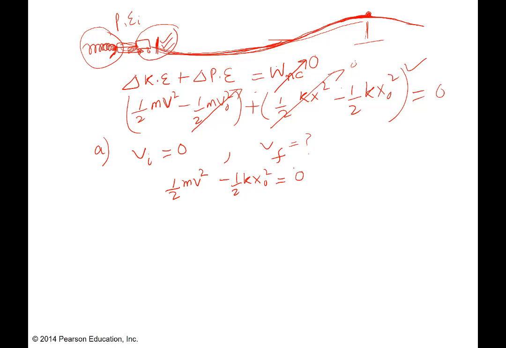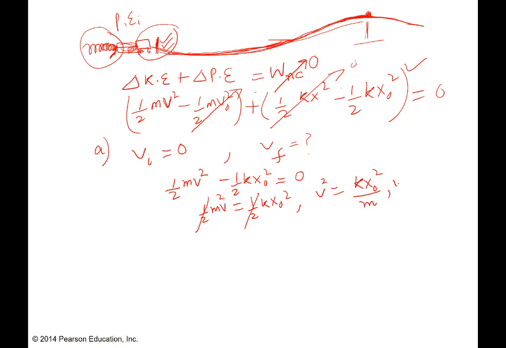Your job is to find the speed with which it is going to be released. So I have the right setting here: 1/2 mv squared is equal to 1/2 k x naught squared. The 1/2 and 1/2 go away, and we can find v. Divide both sides by m, so you get v squared equals k x naught squared over m.